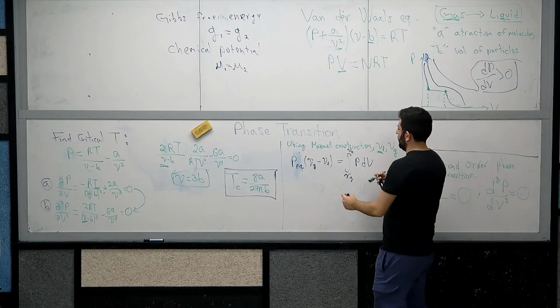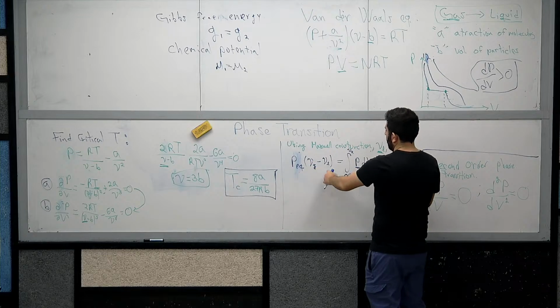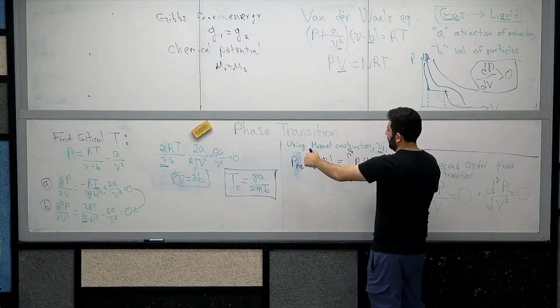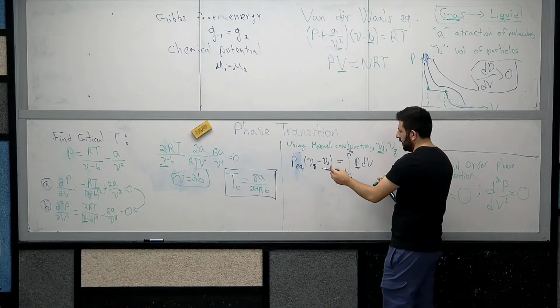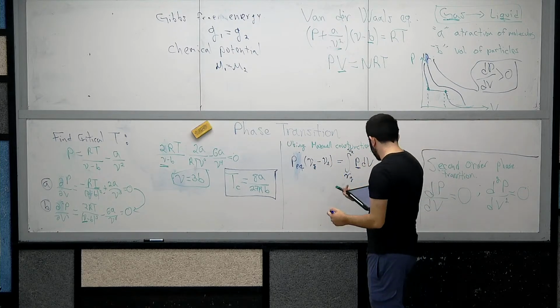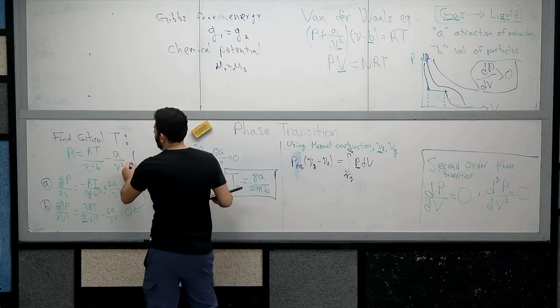What we are saying is that we are assuming that the pressure is constant, so we can just plug in as if it was a straight line in the graph. But we actually know what pressure is, right, from here.